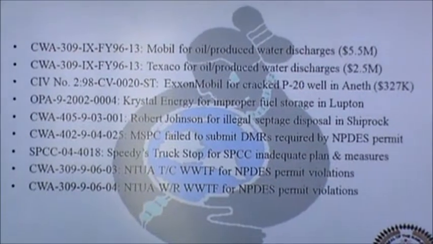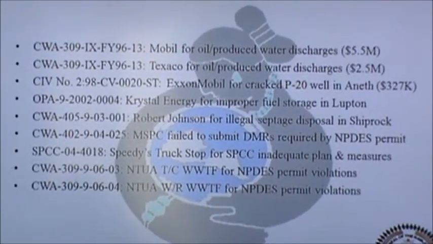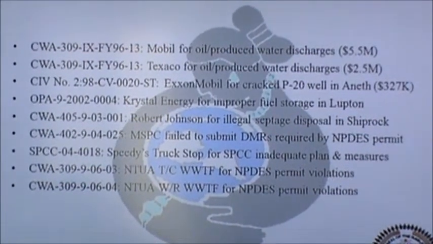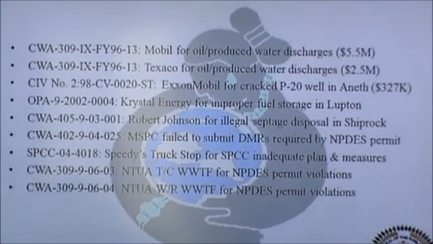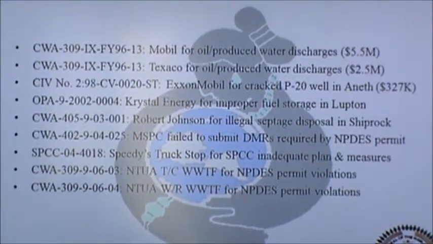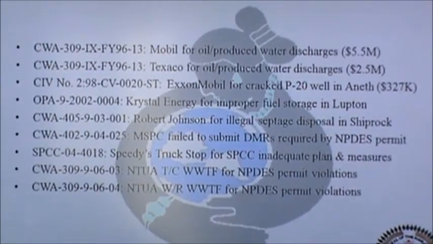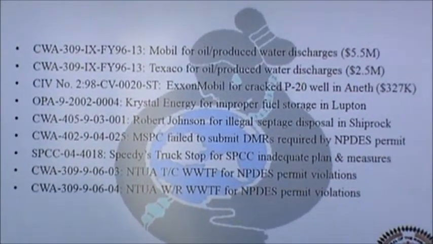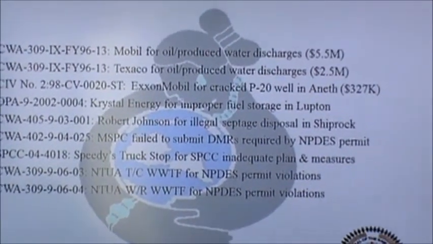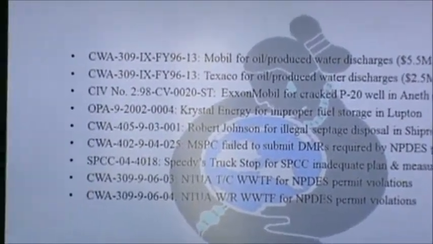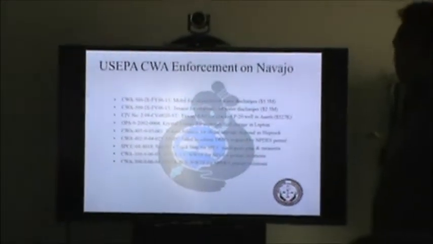And since then, there's been other federal enforcement actions, most of it oil related, but there's some NPDES violations on the bottom. It's NTUA. Again, these are all USEPA led, and all the fines received during these federal actions don't come to Navajo, they go to the U.S. Treasury.